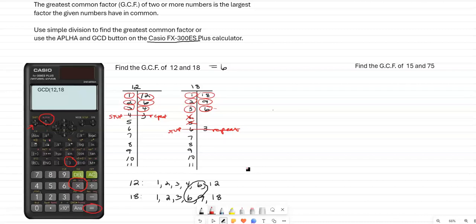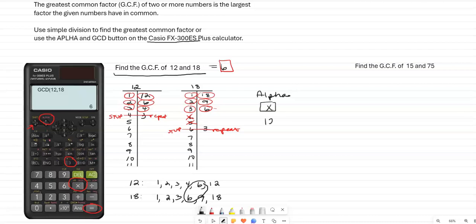Once you press the equal button, you will get the same answer of 6 as the GCF for 12 and 18. So again, let's go over those steps on your calculator. To find the GCF for 12 and 18 using the Casio FX300ES, you'll press the alpha button. You'll press the multiplication button.